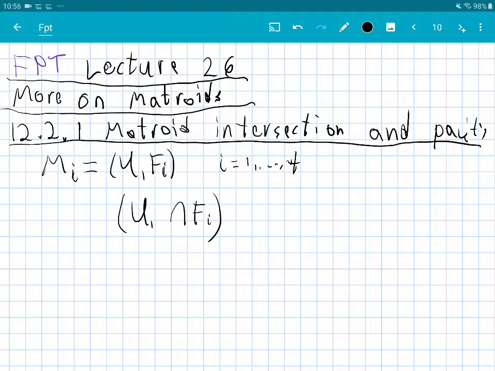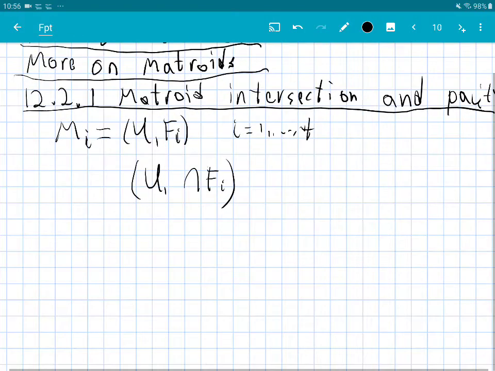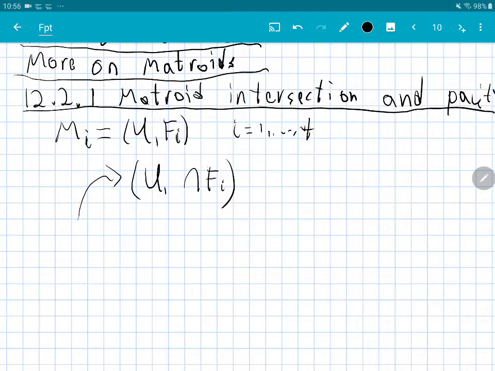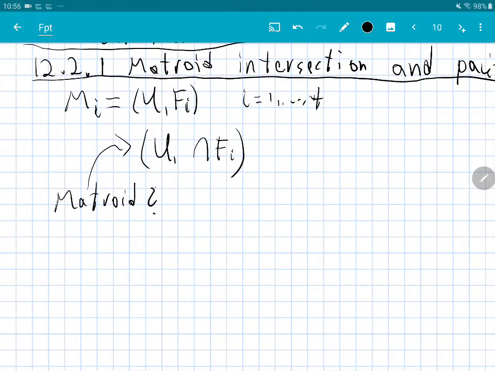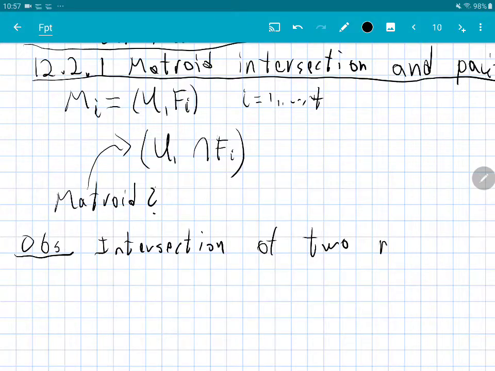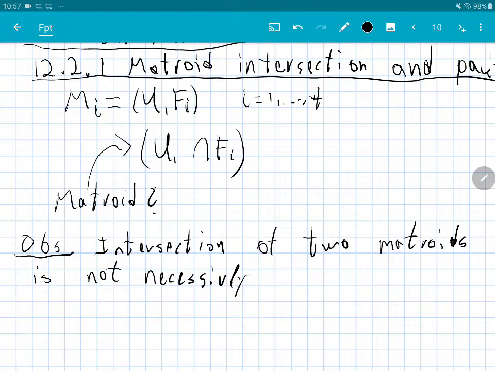Okay, so now we are interested in this intersection set system, and of course the most natural thing to say is, oh well, maybe this intersection is a matroid. The answer, of course, is that this would be too easy. So, observation: the intersection of two matroids is not necessarily a matroid.